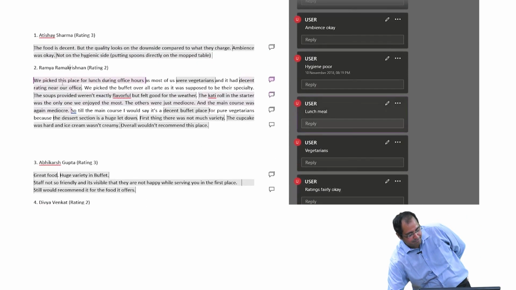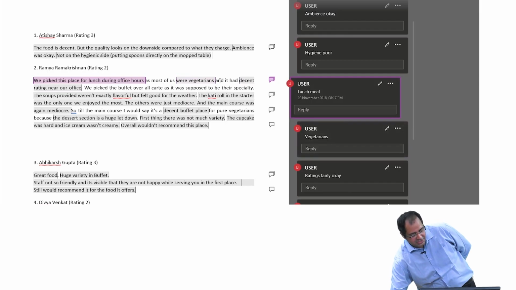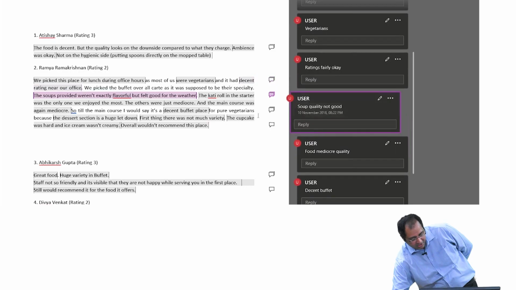If you look at it, we picked this place for lunch during office hours, a lunch meal, as most of us were vegetarians, and it had decent ratings, fairly okay. We picked the buffet over a la carte as it was supposed to be their speciality. The soups provided were not exactly flavorful but felt good for the weather. Soup quality not good.